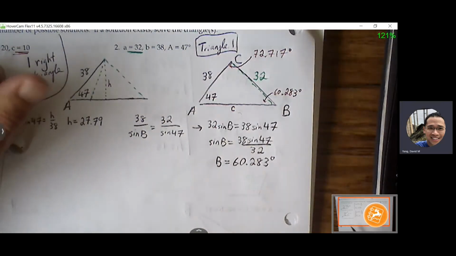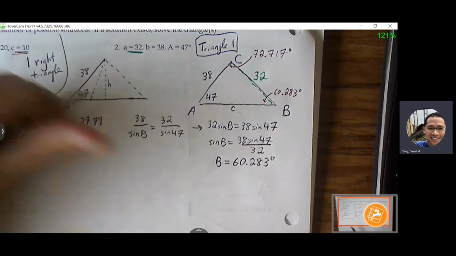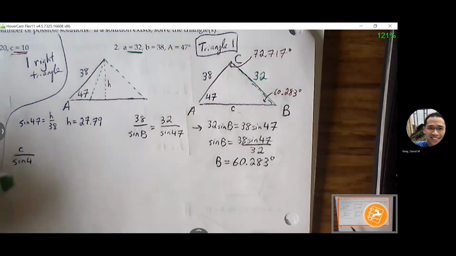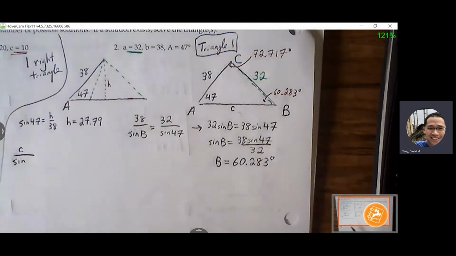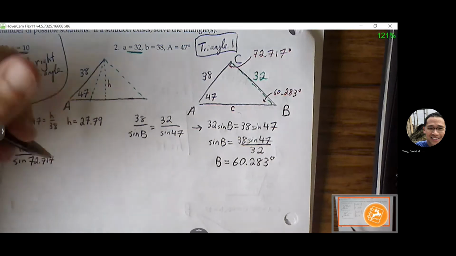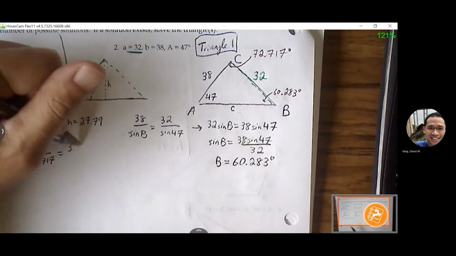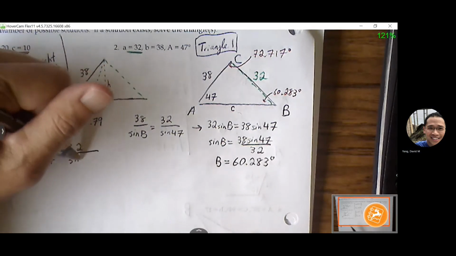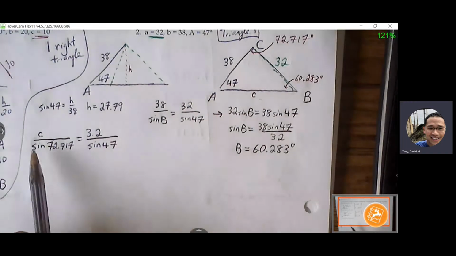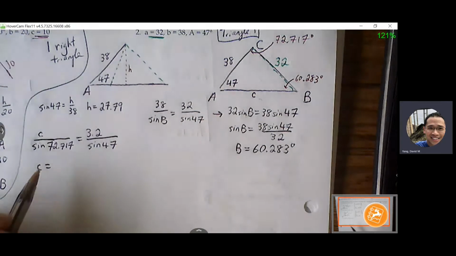Okay, I'll put that over here. C over sine of 40. Oops, C over sine of 72. Shift that sine of 72.717 over to the right side. Solve for C.